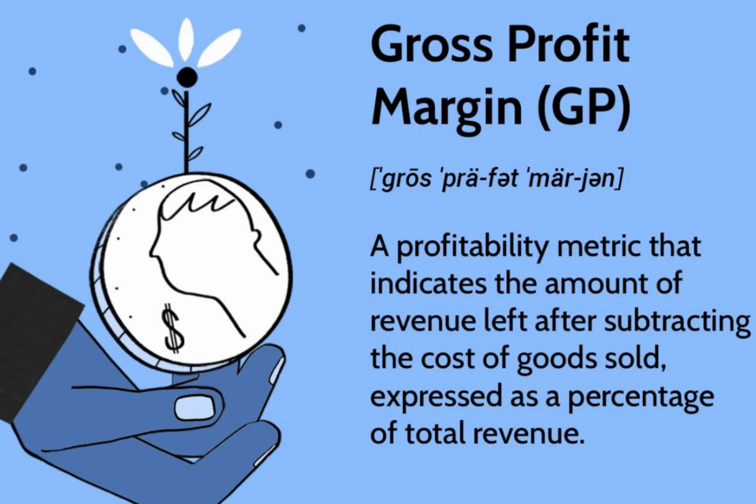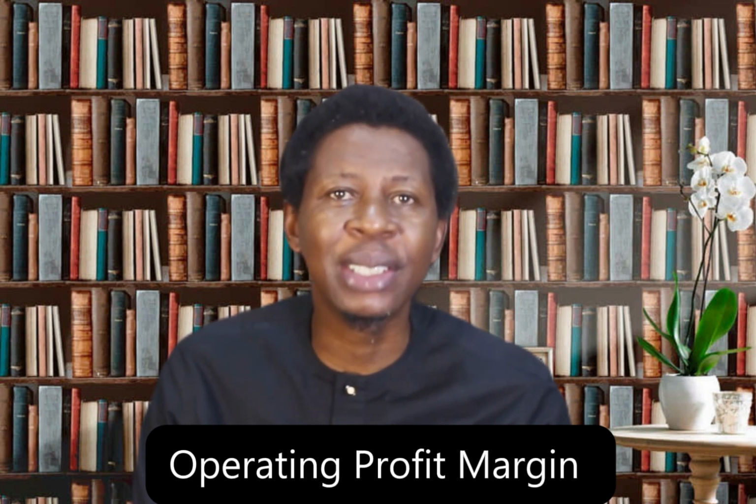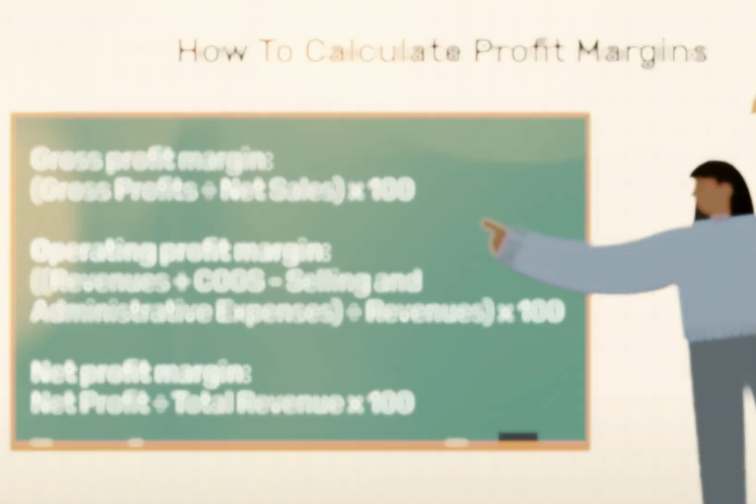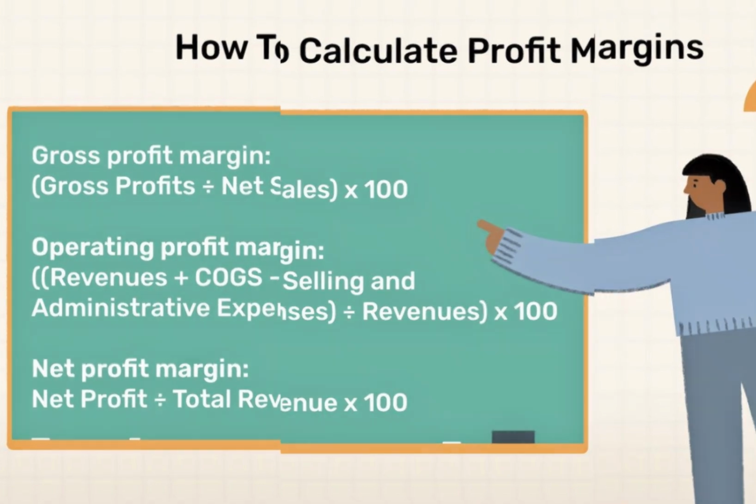Number two is operating profit margin. What is operating profit margin? Operating profit margin is gross profit margin minus your current expenditure overhead, like payment of staff. You are now left with another figure after removing your expenses from gross profit margin.